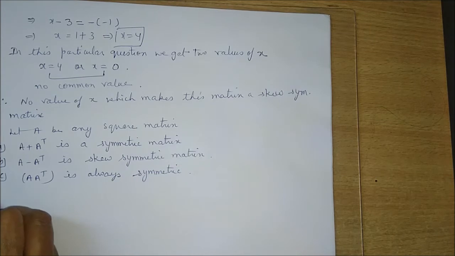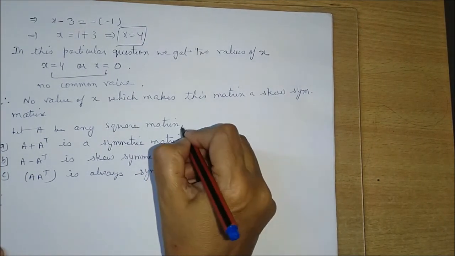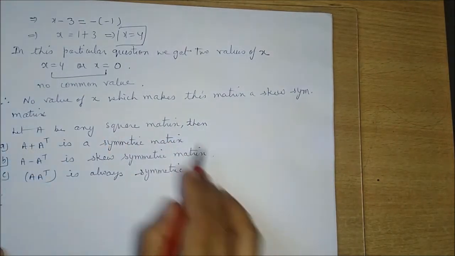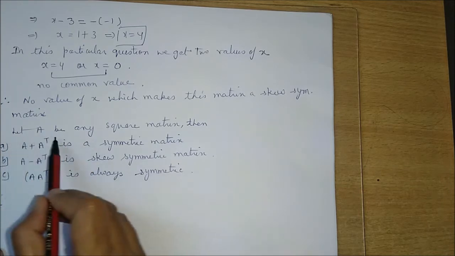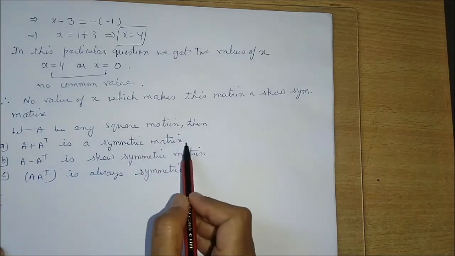Now proof. Now to prove this type of questions or theorems, let A be any square matrix, then A plus A transpose is a symmetric matrix.